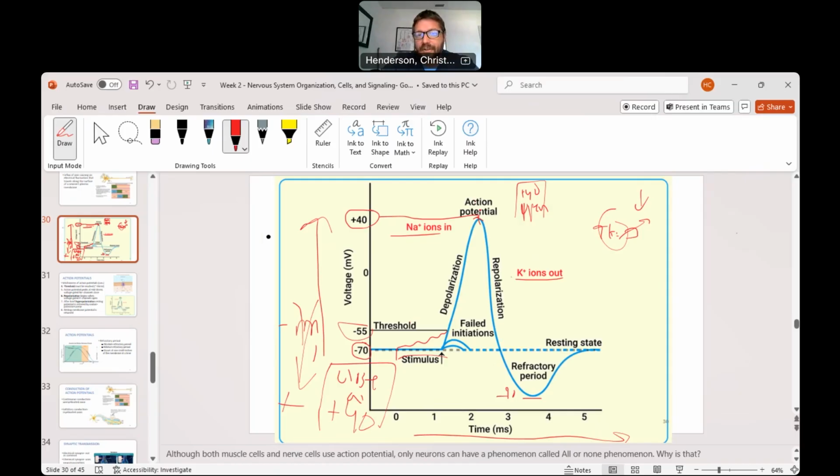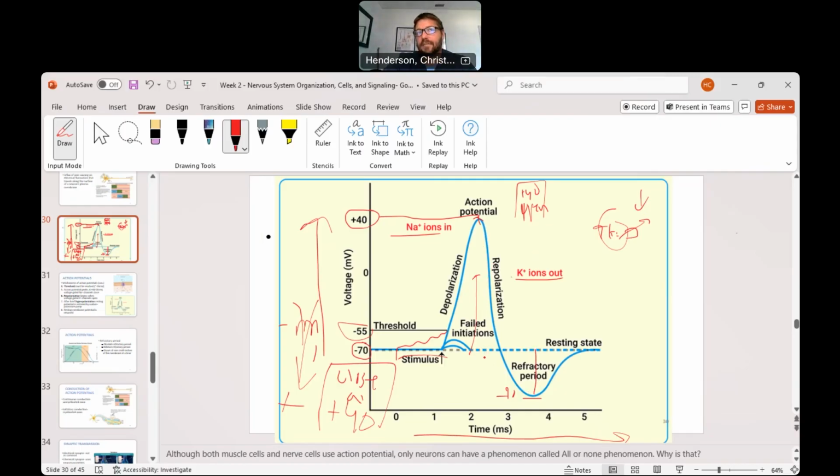If she slapped that neuron and you had the action potential fire, and then she stuck you with the needle right in here, are you going to be able to feel that needle? No. I don't know if that's true. But if it gets you to think about why it overshoots, it's because this is much harder to fire now. Instead of going from negative 70 to negative 55, now you have to go from negative 90 to negative 55. It's going to take a way bigger stimulus.